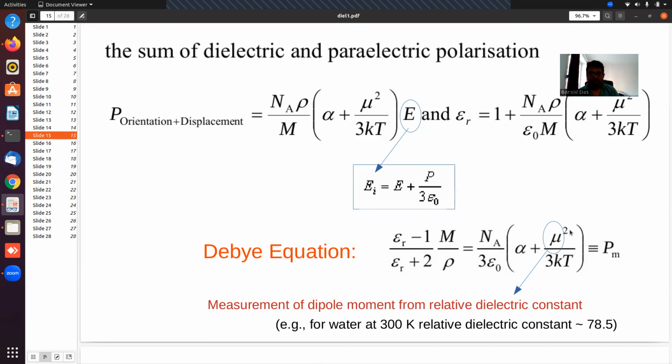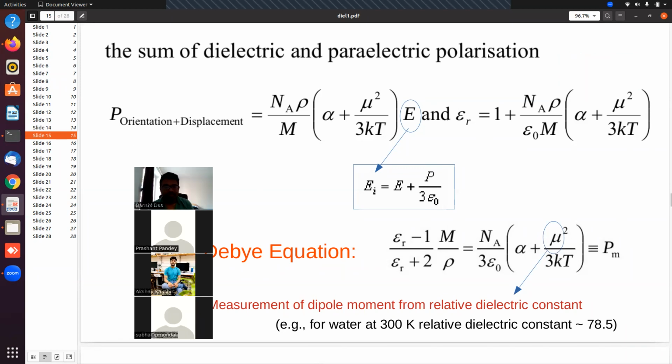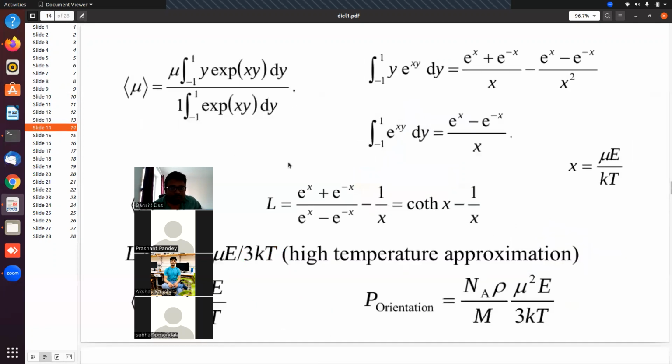So this dipole moment means induced dipole moment. No, here dipole moment means the overall, net dipole moment, because the overall dipole is oriented.